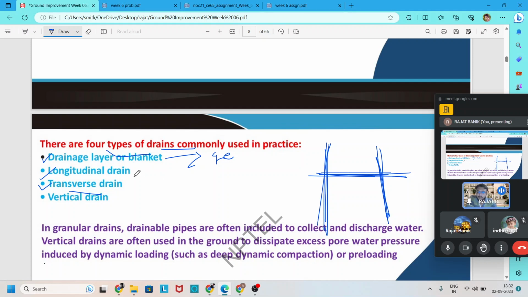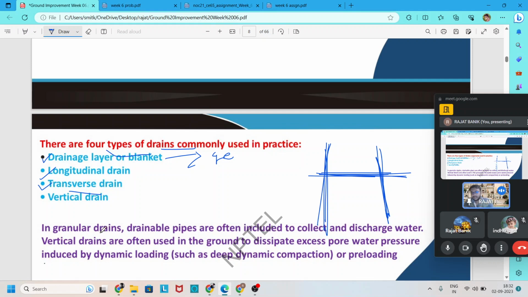The fourth one is the vertical drain, which is very good to dissipate the water from the ground at some great depth.